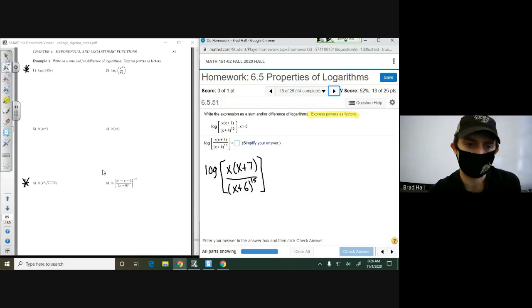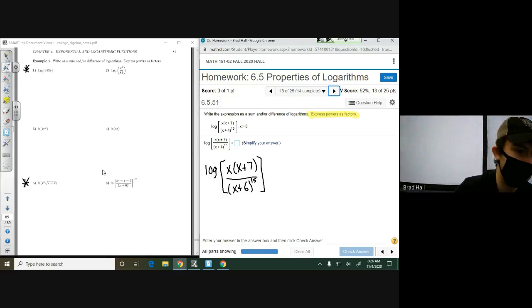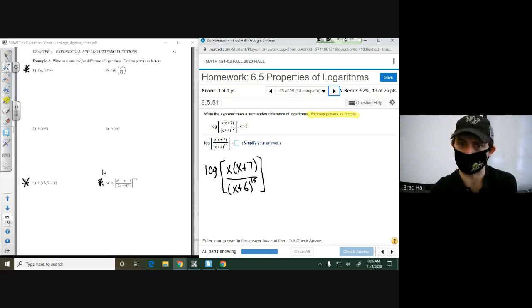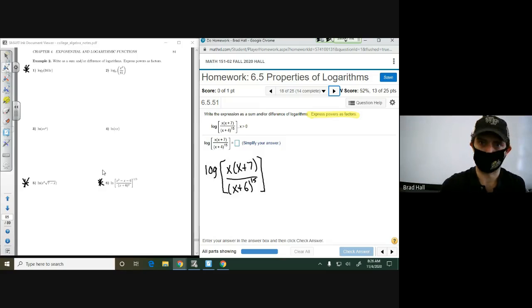This one's kind of similar to part 6, not entirely so, but a little bit similar. If you look at part 6 from example 2, you might see some overlapping themes. But the first thing we ask ourselves is, we're trying to express this as a sum or difference again.